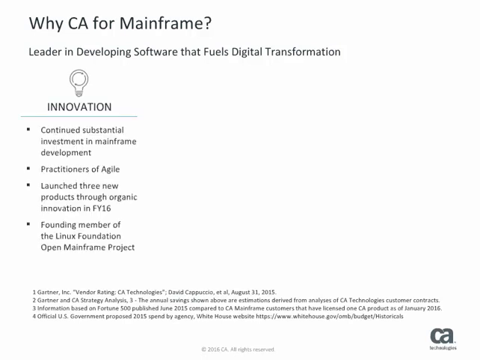With regards to innovation, CA Technologies continues to invest substantially in our mainframe portfolio, expand our mainframe capabilities, dramatically simplify user interfaces, add analytics, increase integrations, and make it easier for our customers to manage the mainframe as a critical element within their IT environment. CA Technologies are practitioners of Agile and are moving beyond just product agility to portfolio agility, accelerating the pace at which we bring value to customers.